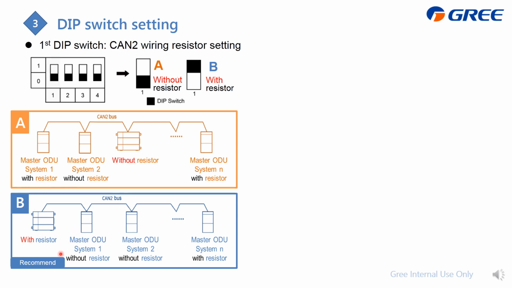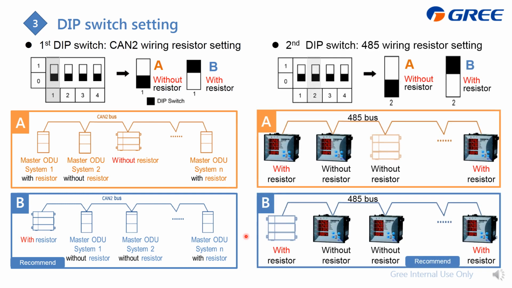So we recommend you apply this B pattern. You can find that this B is at the tail. In this case, you need to change the first step to activate the built-in resistor to ensure the communication is okay. For the second tip, it is for the RS-485, also to activate the built-in resistor.